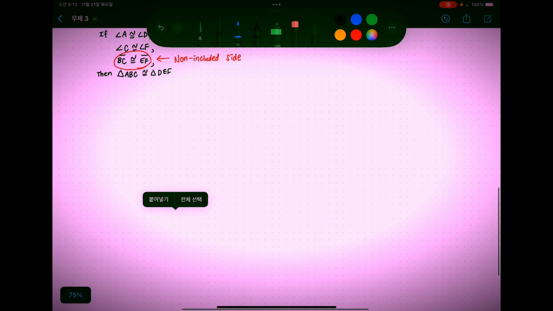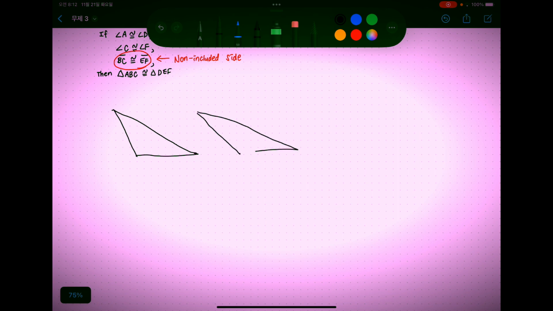We're going to do a different kind of proof today. We're going to be using a flow proof. What I like about a flow proof is that it shows the flow of your logical reasoning and steps. So let's imagine I'm going to draw two obtuse triangles, like so.